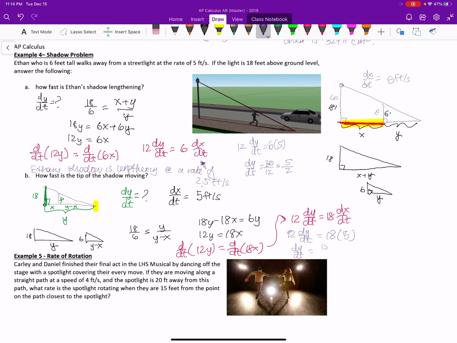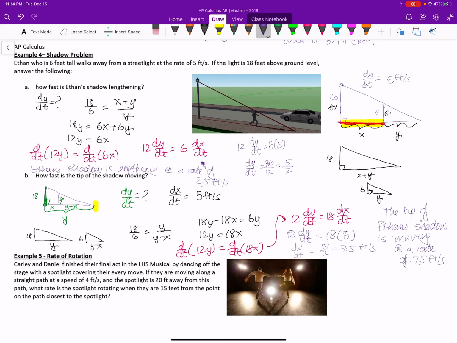So it's going to be 15 over 2, which is equal to 7.5 feet per second. So the tip of Ethan's shadow is moving at a rate of 7.5 feet per second.